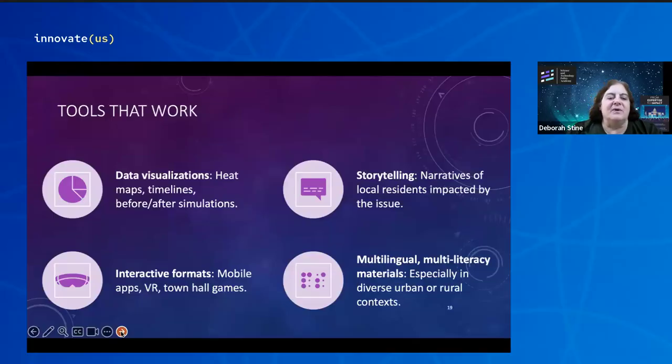Some of the tools that work are data visualizations, interactive formats. Sometimes these days, particularly, you'll see some sort of mobile app or game. Storytelling, that's really always a key. That's always the most impactful communication, is storytelling, and thinking about materials that are multilingual for people who are at different literacy levels.